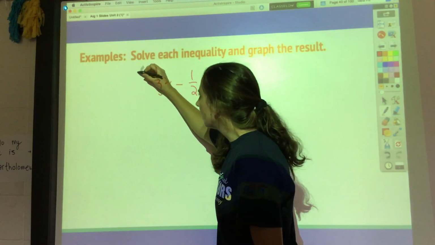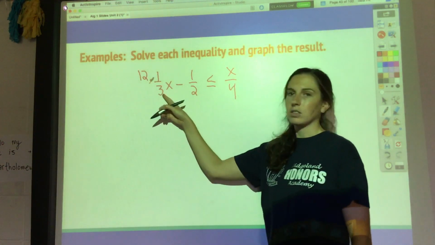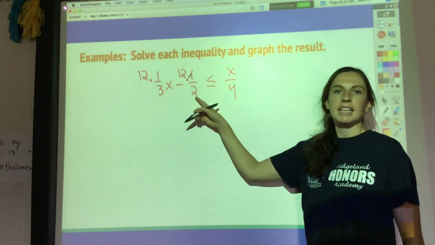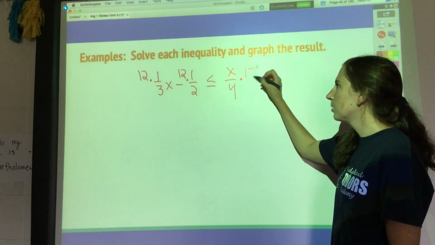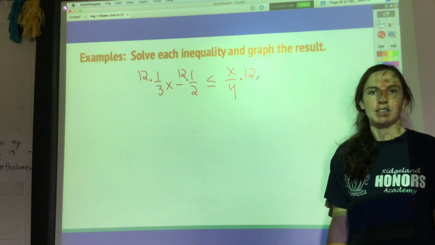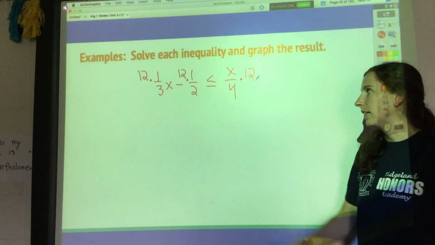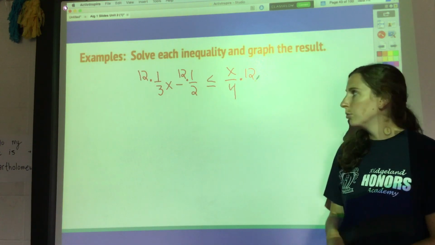Because if I multiply this by a 12, it'll cancel, and if I multiply this by a 12, I can divide that evenly, and if I multiply this by a 12, I can divide that evenly. So as long as you do the same thing to both sides of the equation, or in this case, an inequality, it's a legal move.